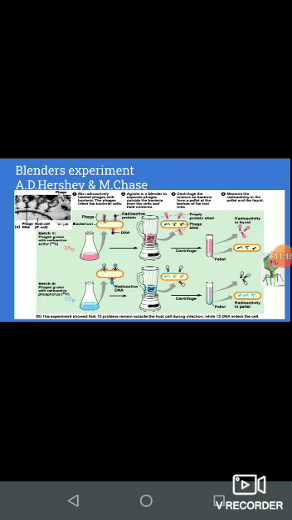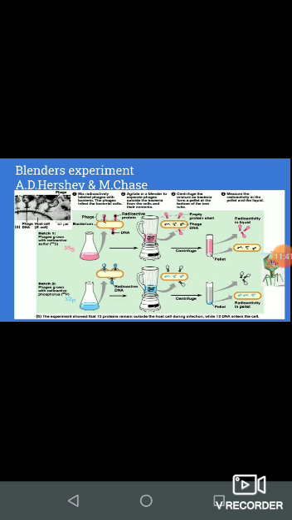they use to label DNA particles, because the DNA contains phosphorus. That's why they have selected the radioactive phosphorus to label the DNA.